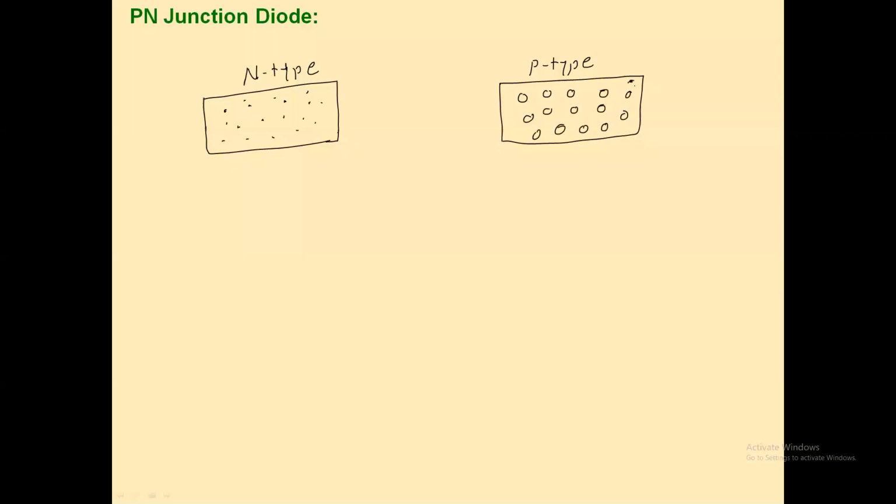Did you get my point? Thermally generated holes are very few in number in an N-type semiconductor. This is called a free electron, and this is called a hole.